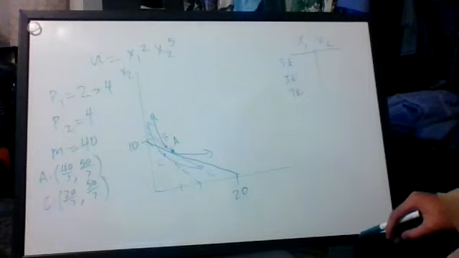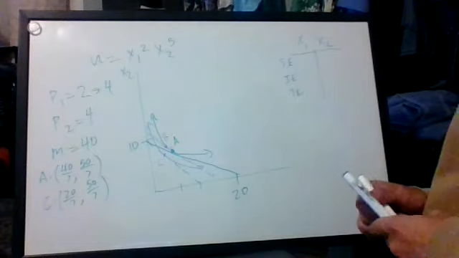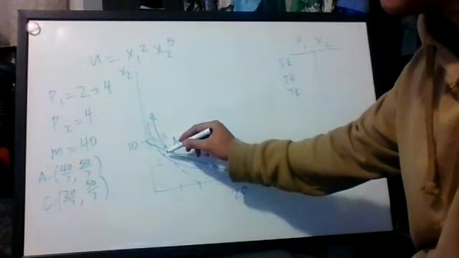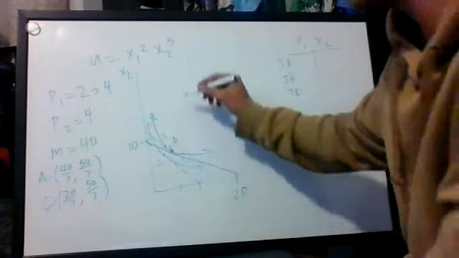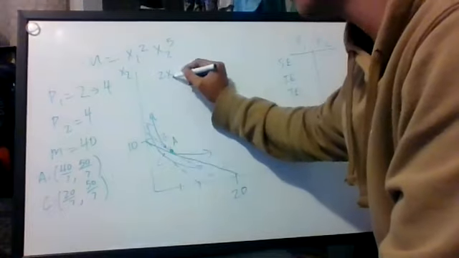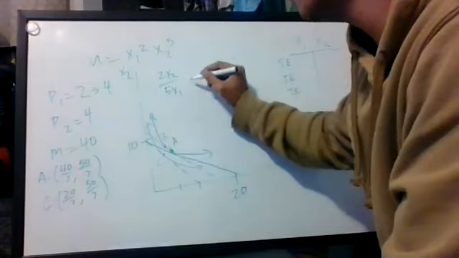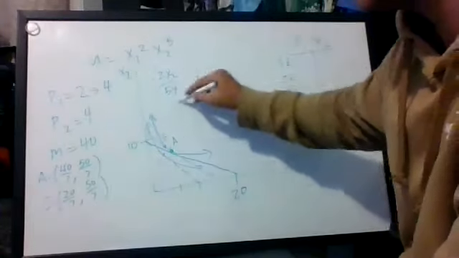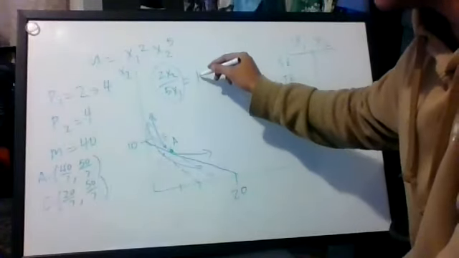But we also know that, because the slope at point B has the same price ratio as the slope at point C, I'm going to have 2x2 over 5x1, and I'm going to set this equal to 1. Because this is my MRS, and this is the slope.